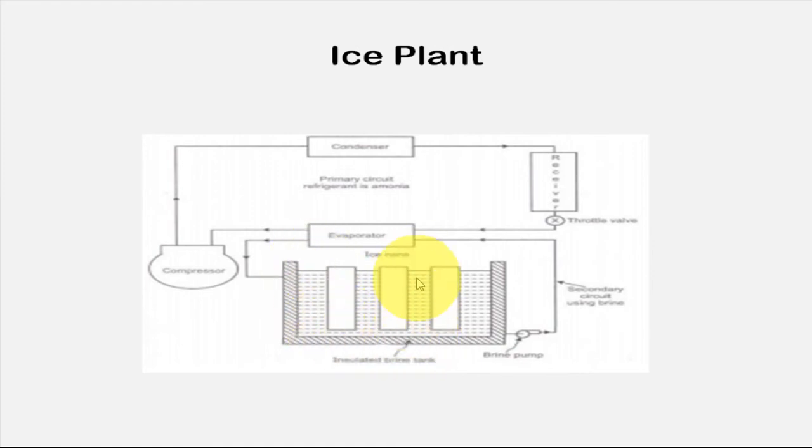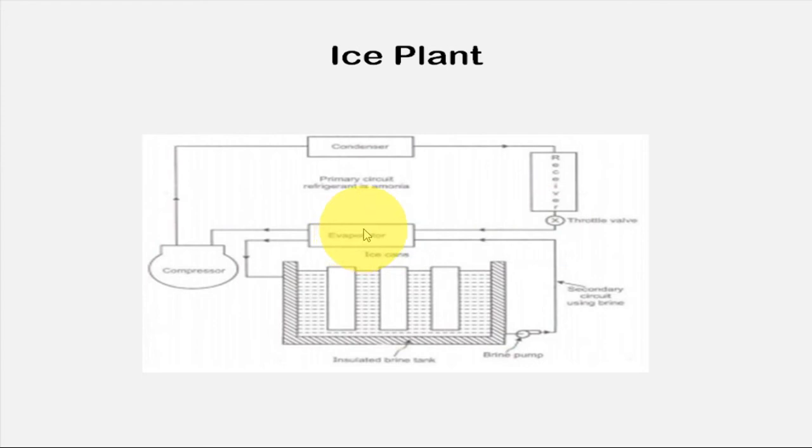Then that brine solution, after absorbing the heat from water, through this pump will enter into the evaporator. In the evaporator, the primary refrigerant flowing through this primary circuit, like R134A or ammonia, from the compressor will come into the condenser, then the expansion device, then enter the evaporator.